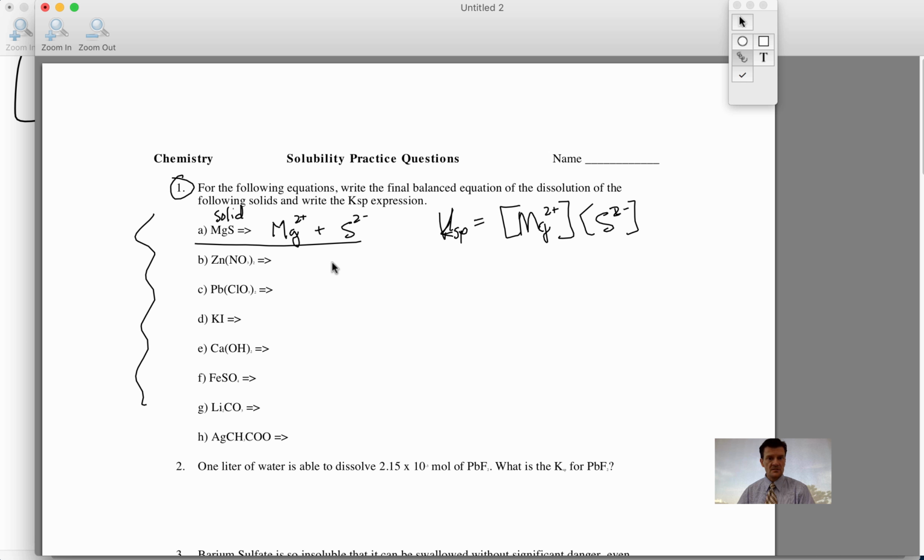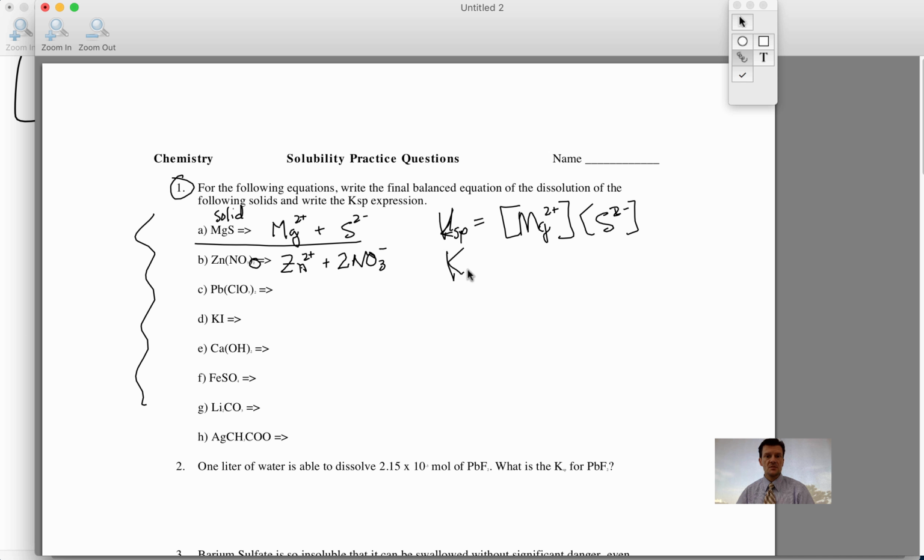Zinc nitrate, that's going to break apart into the zinc ion. And if you don't know these ion charges, you're going to have to remember how to find them. And there's a 2 right here. It's hard to see, but there's 2 nitrate ions. Nitrate's a -1.